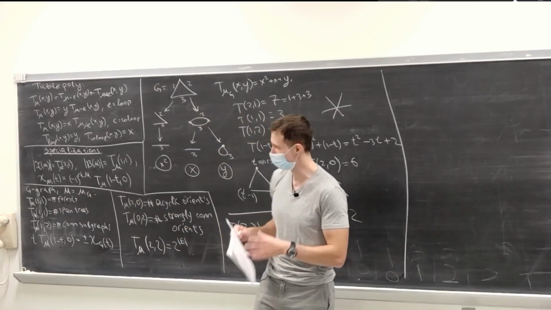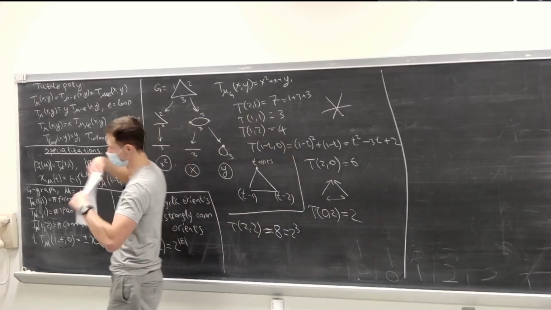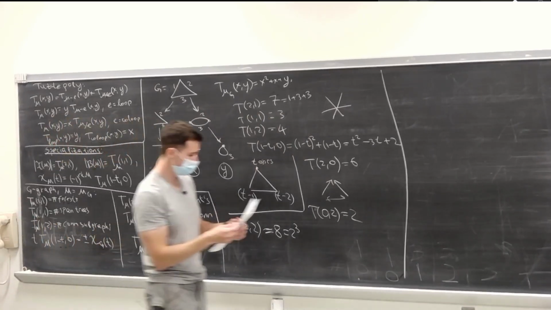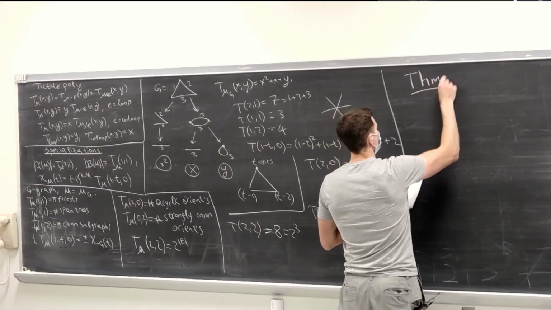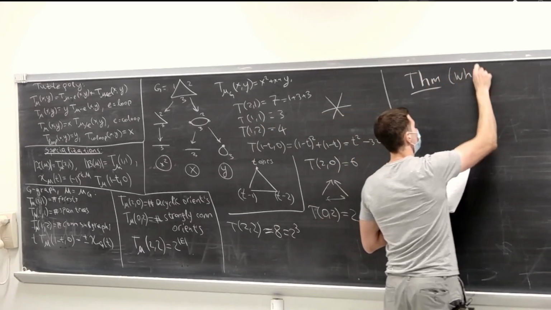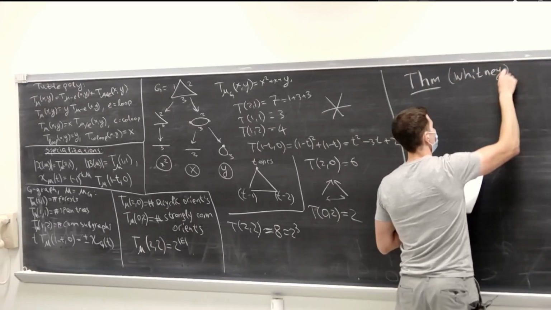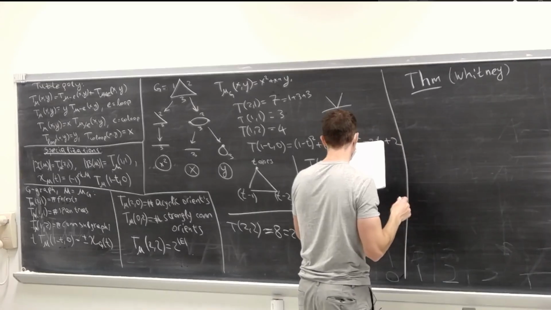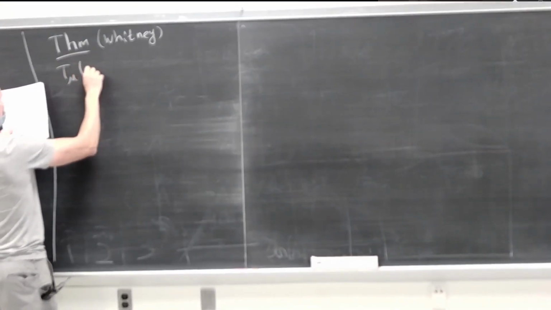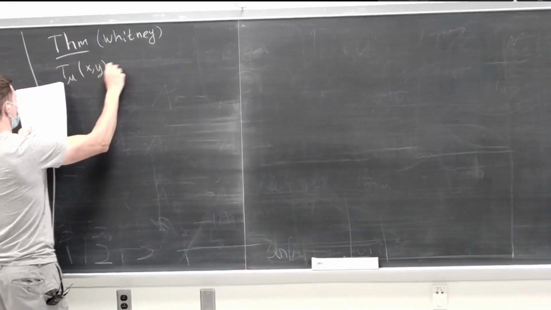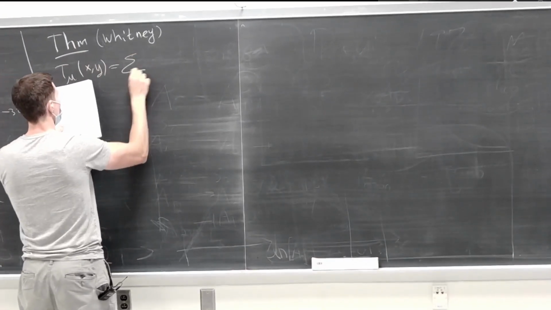If I give you a matroid, which is non-recursive, but explicit. So here's a theorem, due to Whitney in 1932 or something like this. Well, he formulated it for graphs, but for matroids it's very similar.